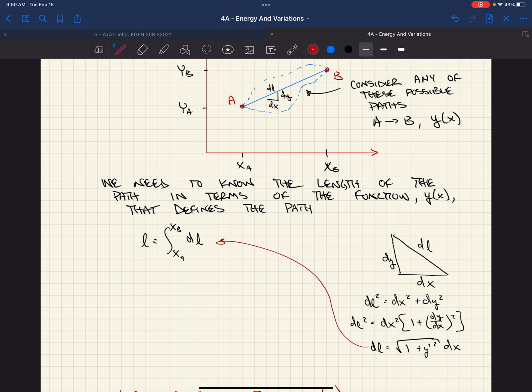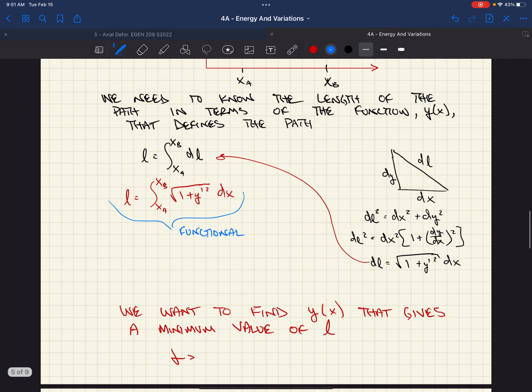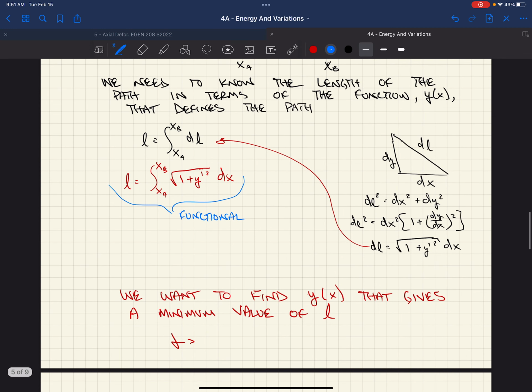So we get now that the length equals the integral from x of a to x of b of the square root of 1 plus y bar squared dx. Right? And this is our functional. This is what we really want to minimize. So we want to find y sub x that gives a minimum value of L.